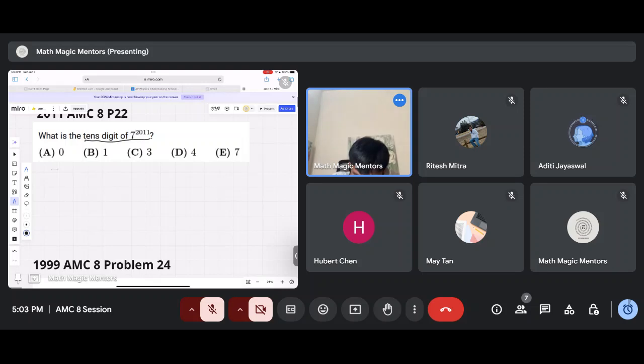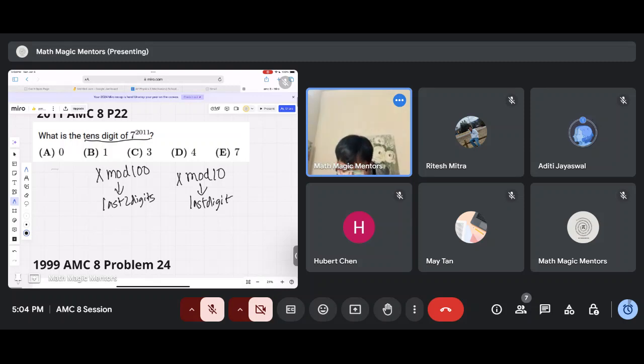A number x mod 10 will give you the last digit, that's what we learned last time, but x mod 100 will give you the last two digits. And for the tens digit, I'll just take the first digit of those two.